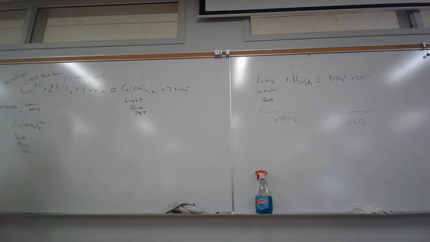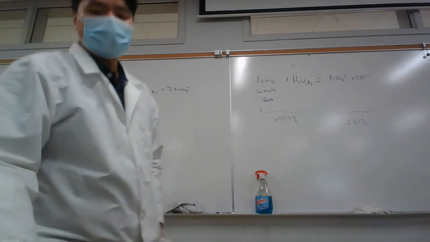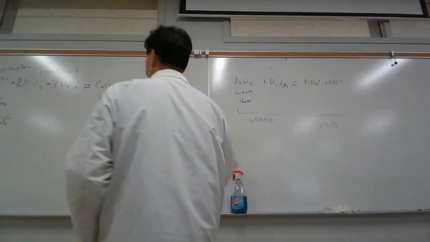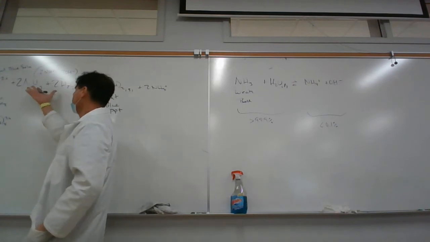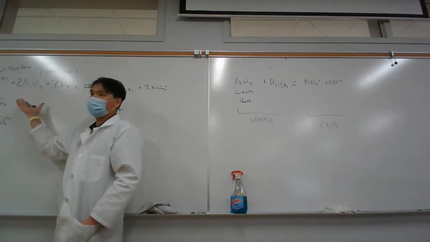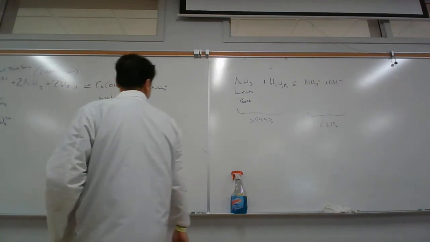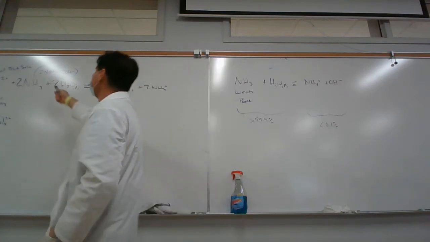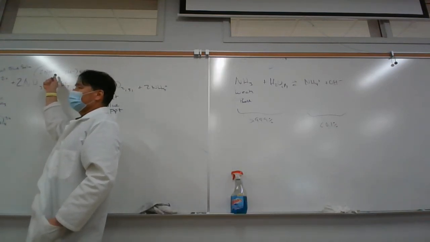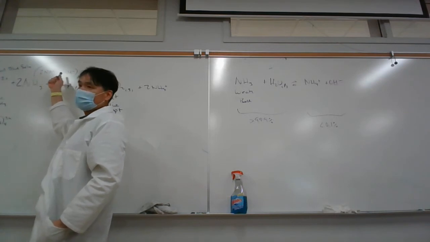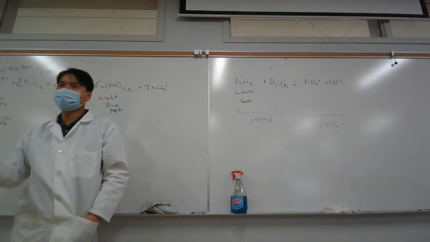Now you might ask, why don't we just go ahead and write ammonium and hydroxide here instead of ammonia and water? And the reason is when we write an equation like this, we want to write it with the chemicals that we actually go buy. So let's say I wanted to buy some ammonium hydroxide. So I go to the chemical store to buy some ammonium hydroxide. I get the bottle of ammonium hydroxide.